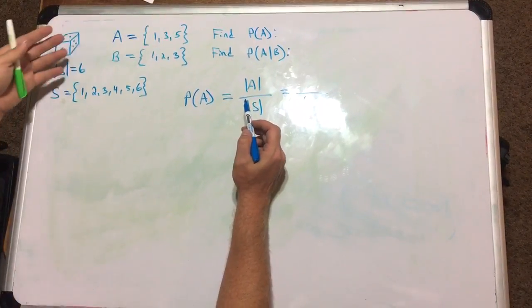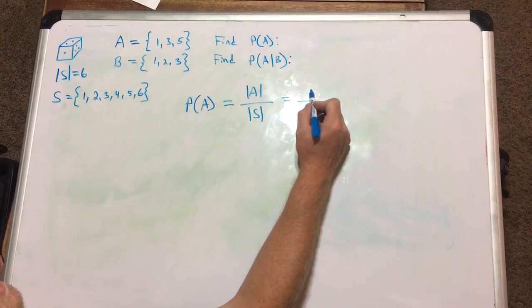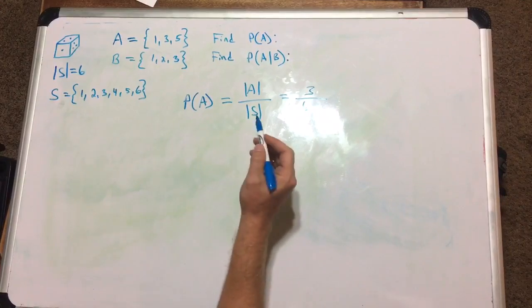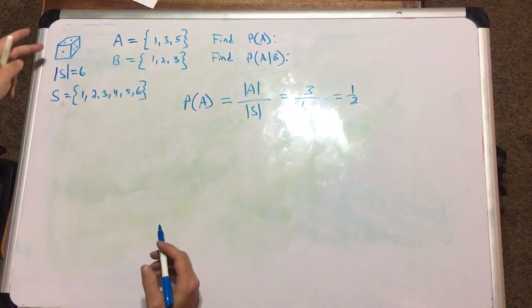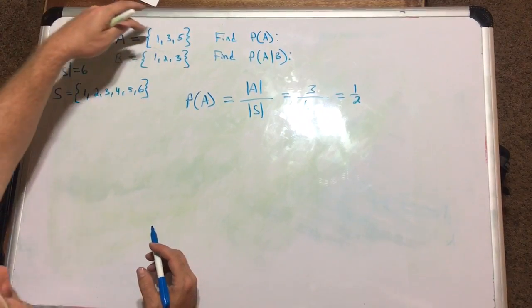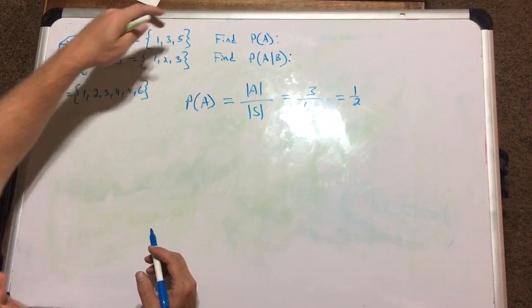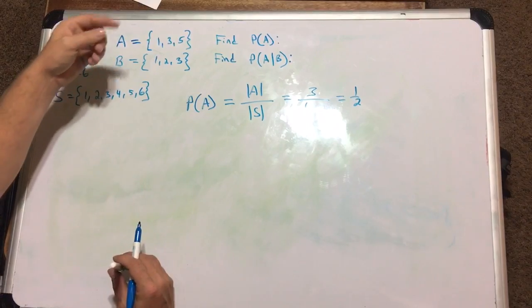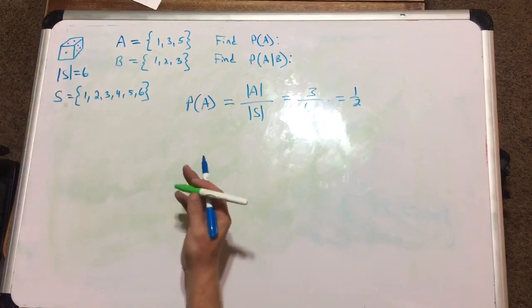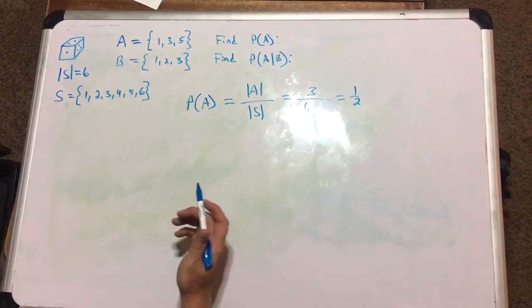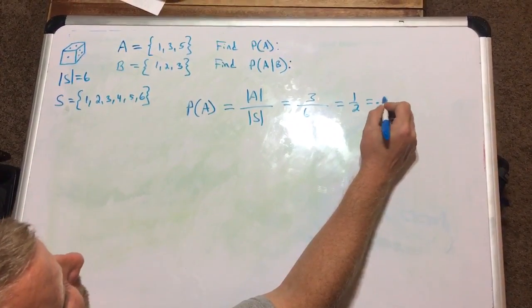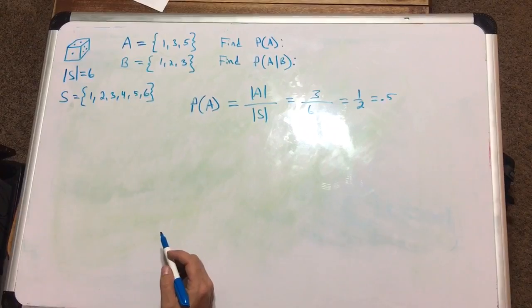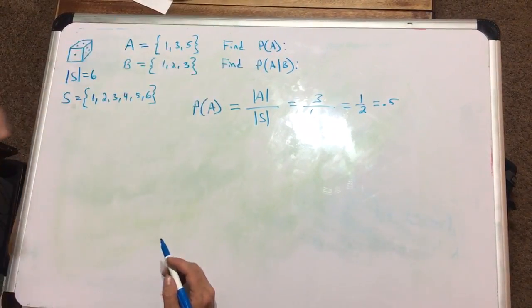We can count them up. The cardinality of A is 3. So it's very simple: a 3 out of 6 chance, or a 1/2 chance, that if you roll this die one time, you're going to get a 1, a 3, or a 5. That makes sense because the other numbers are 2, 4, and 6, and it is half of the sample space. So you would suspect that 1/2, or 0.5, is the probability that event A would occur.